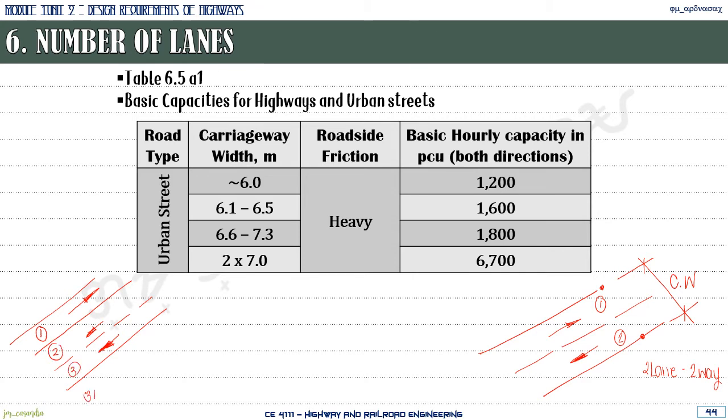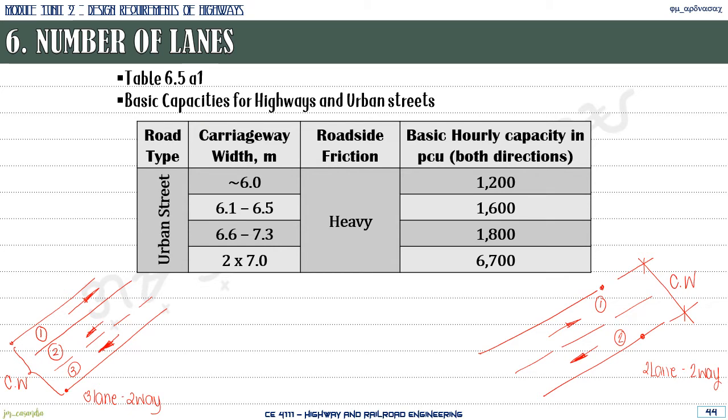So it's a 3-lane. We have 1, 2 way road, and your carriageway width will be from this point to this point. So this is our carriageway width.